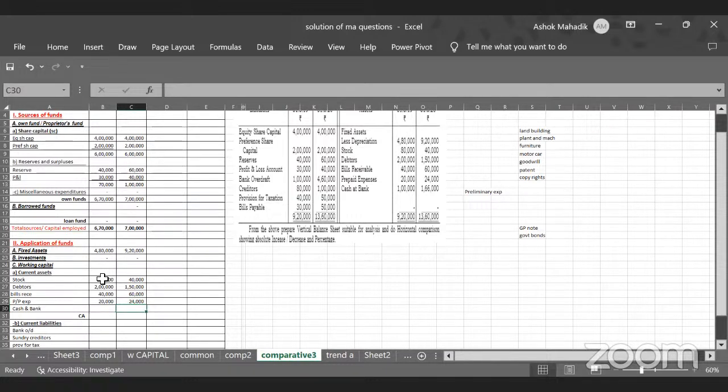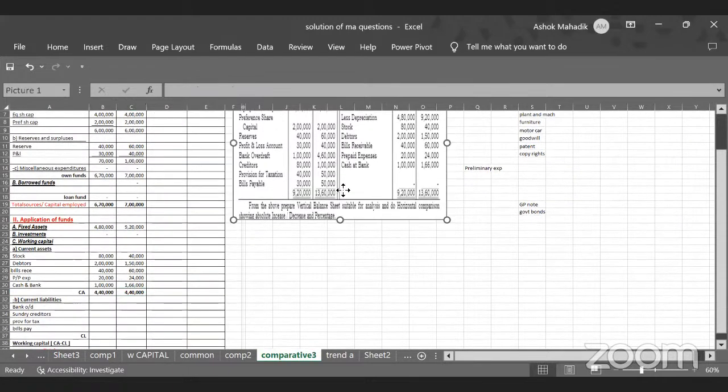Cash bank 1 lakh and 1,66,000. We can take the total of these, we will get total current assets. Okay, students. Same way, we'll do it for 2020.